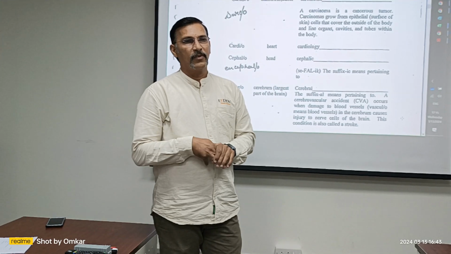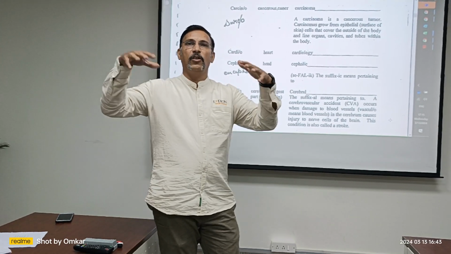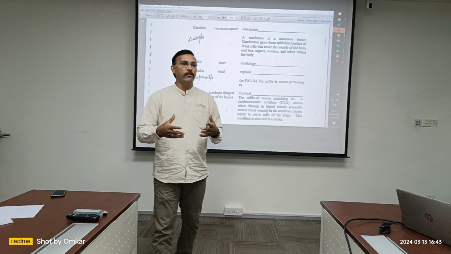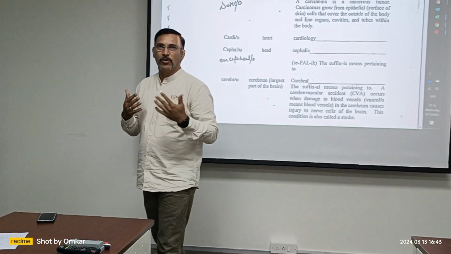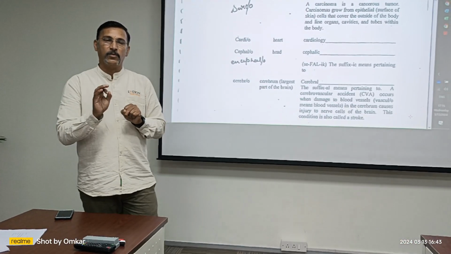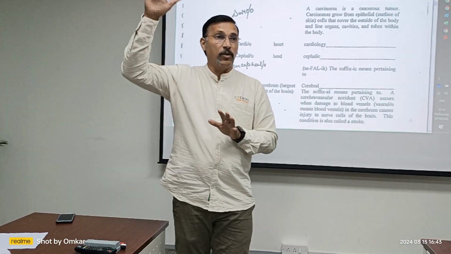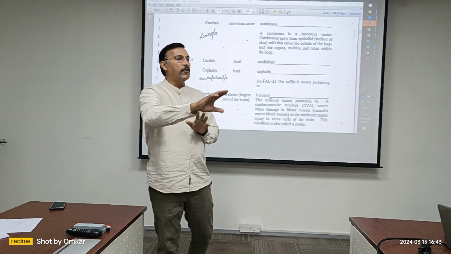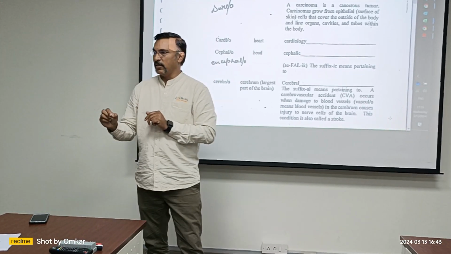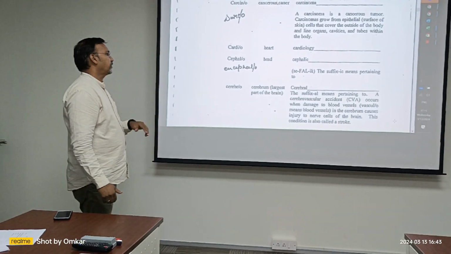The detailing will go later. Right now, only because we're going to see about CVA, cerebrovascular accidents, and all that. We're going to read about it later. That is only for you to study the remaining paragraph which is written in the text here. Okay. Next.